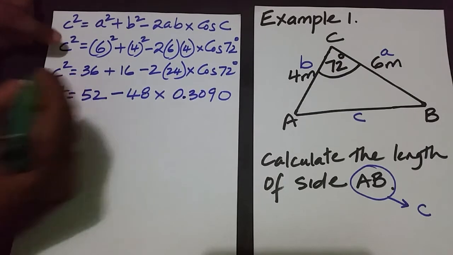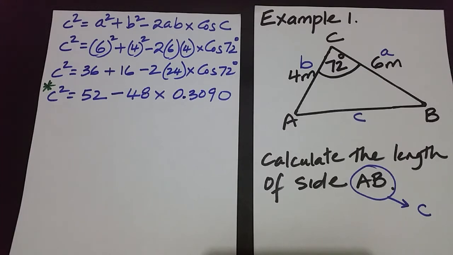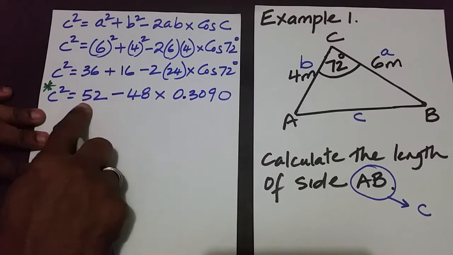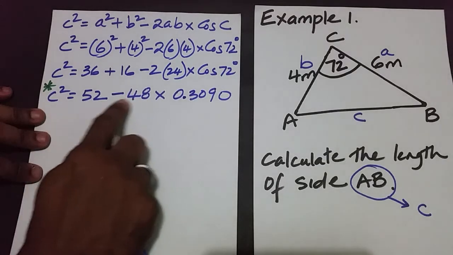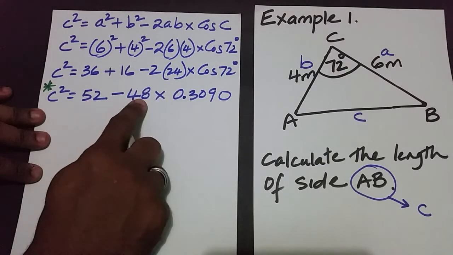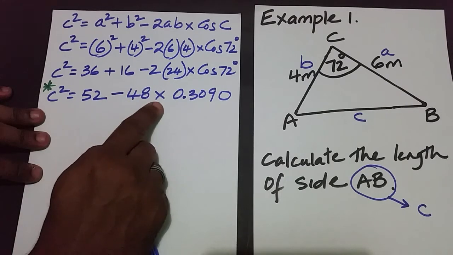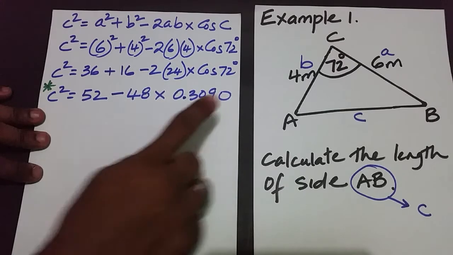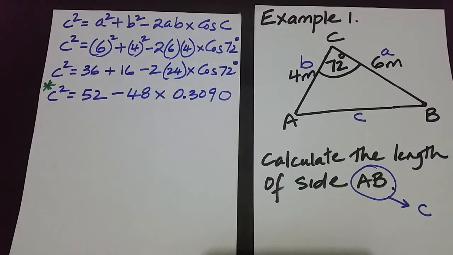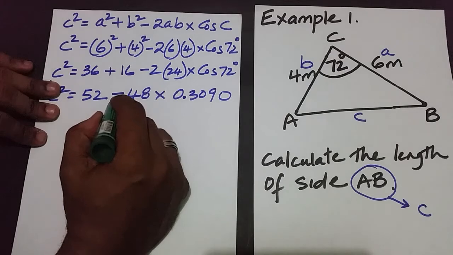Now, I'm going to go ahead and put an asterisk at this step because I need to point out something extremely important. Many times students would make the mistake of going ahead and doing the subtraction here, and that would be very, very wrong, which is why I'm emphasizing this line. There's a subtraction and a multiplication operation in this line, and when you see that, obviously multiplication must be done first.